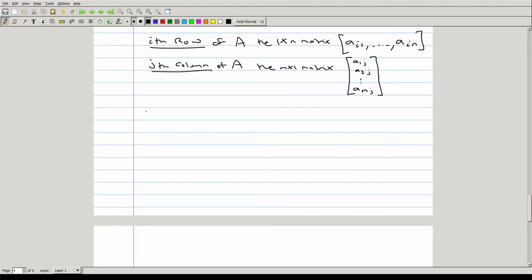And we have some very special examples. The identity matrix is defined as I n if we know what n is, but if we don't know what n is, this is a square matrix that has ones along the diagonal.